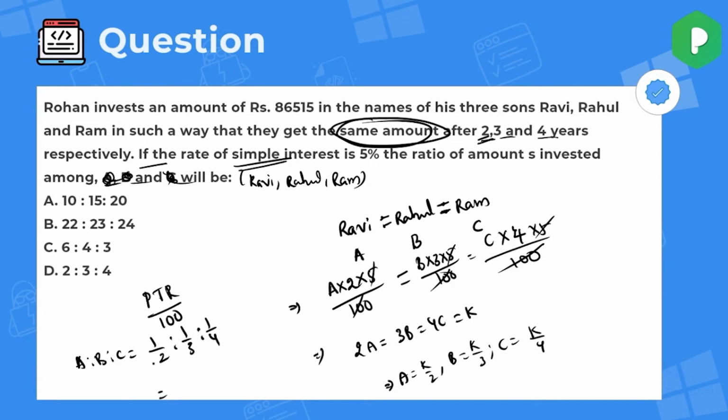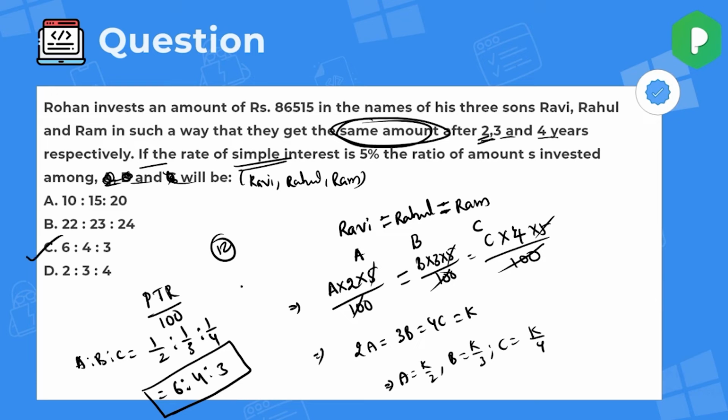What is the LCM for 2, 3, 4? Simply the LCM is 12, right? So just multiply with 12. 12 divided by 2 is 6, 4 times is 4, and 3 times is 3. So the required ratio of the amounts which you have to distribute among these 3 persons is 6 is to 4 is to 3.